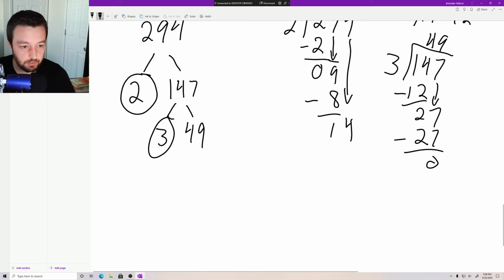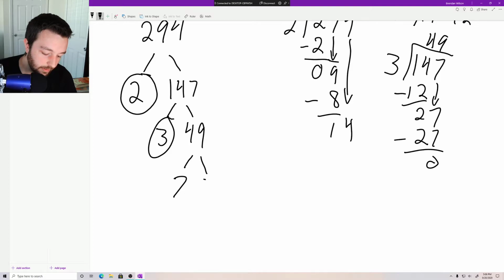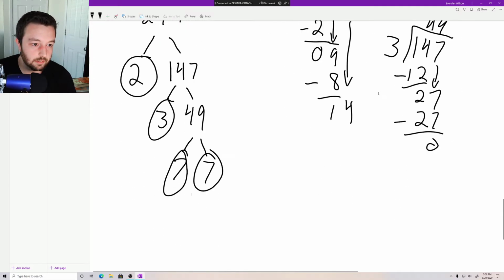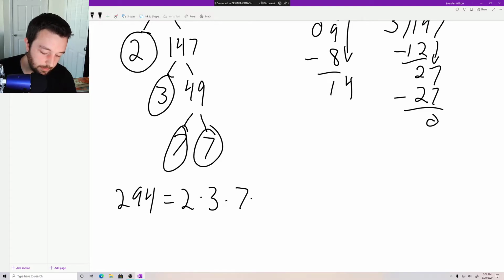Done with 3, so we can circle that. What about 49? Well, if you know your multiplication tables, 49 is 7 times 7. So there we go. So we're all done here. So 294 is 2 times 3 times 7 times 7, or if you prefer, 2 times 3 times 7 squared.